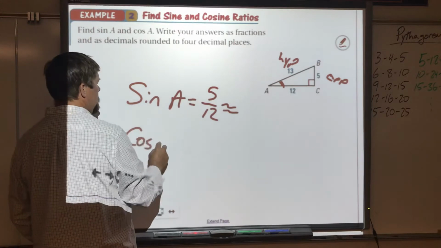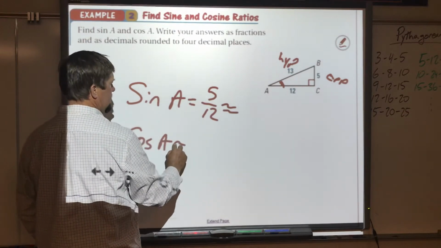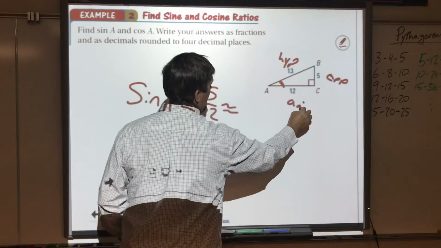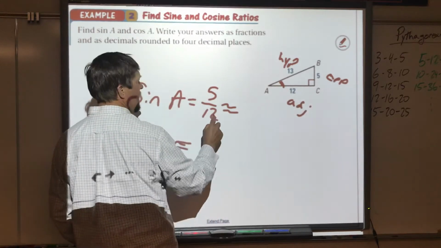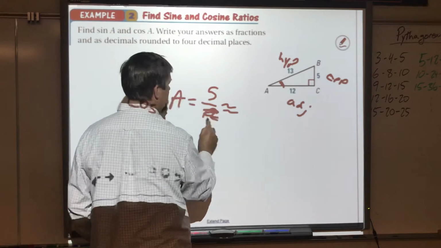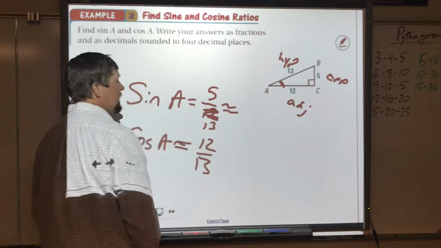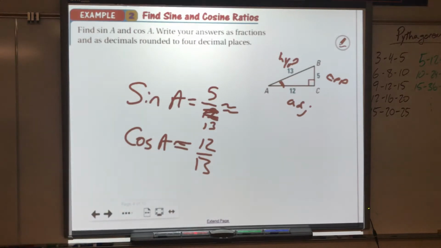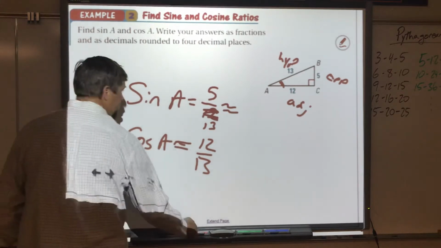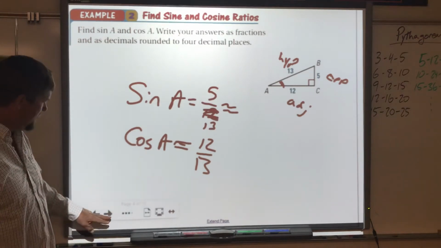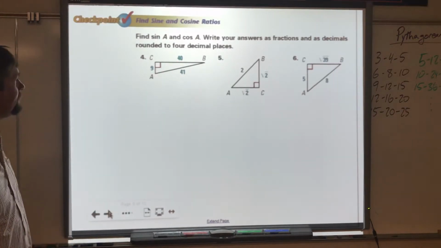The cosine of A is adjacent leg 12, I'm sorry, I put 12, it should have been 13, and then this one should have been 12 over 13. I don't know where I got the 12 from, I should have watched that more carefully. But the hypotenuse is always the longest side, so you can always pay attention to that.